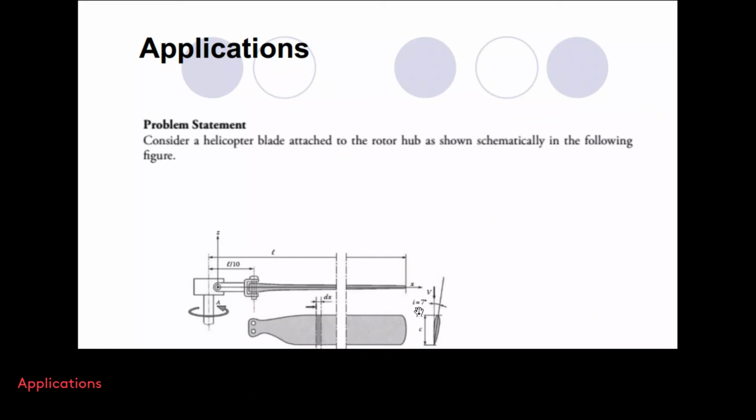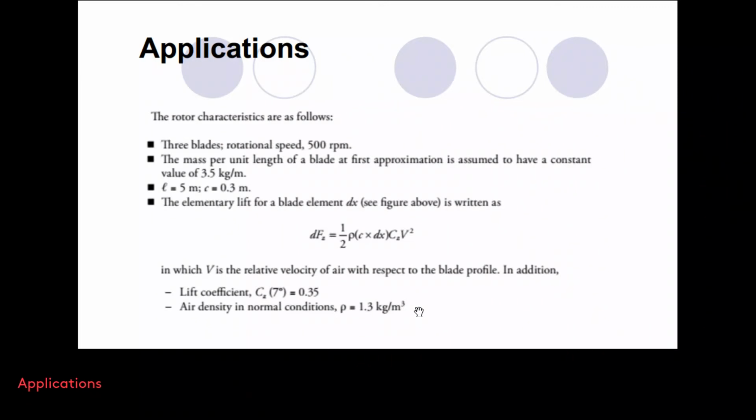So this is the figure. Let's continue to read the question. The rotor characteristics are as follows: 3 blades, rotational speed 500 rpm, so the rotational speed is given. The mass per unit length of a blade at first approximation is assumed to have a constant value of 3.5 kilogram per meter.